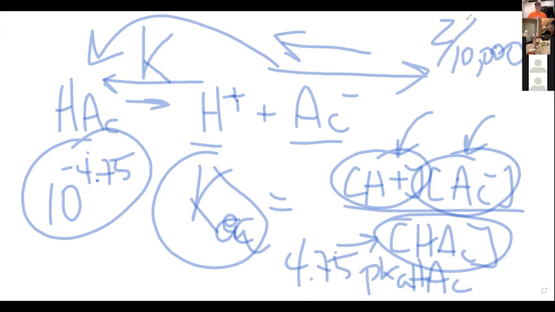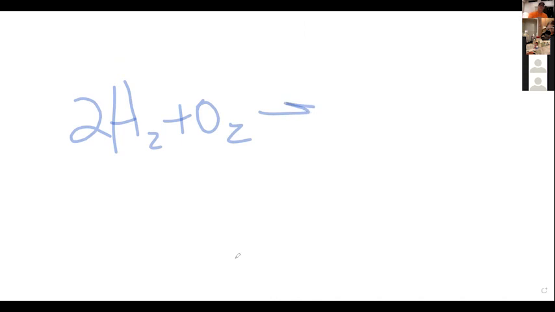Every reaction has an equilibrium if it's reversible. Some reactions are irreversible, like when we combust something. When you combust hydrogen gas in the presence of oxygen and make water, that reaction doesn't go backwards.